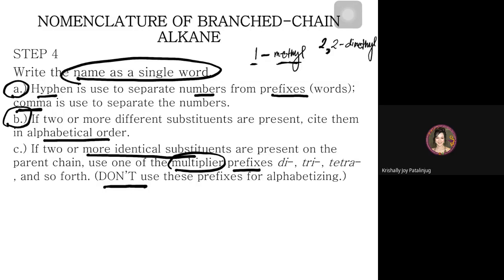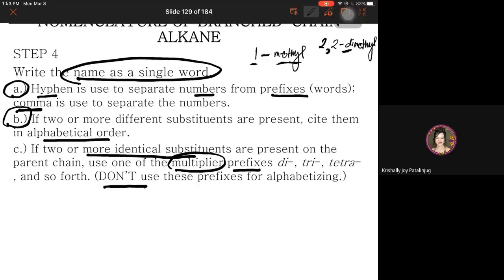Even in the example earlier, this one. Earlier, I wrote di. Dimethyl. Even if there is the prefix di to indicate two identical substituents, two methyl in that molecule, the di is not part of the root name methyl, because it is just a prefix. Therefore, upon alphabetizing, you have to consider letter M here, not letter D for di.